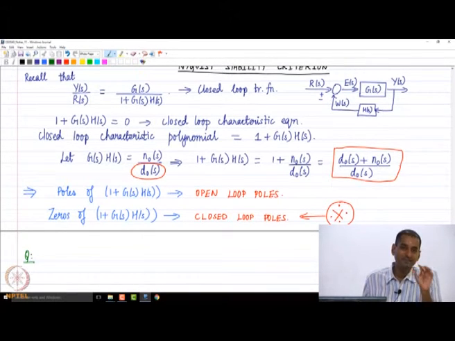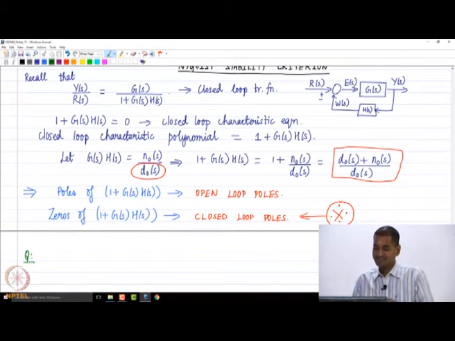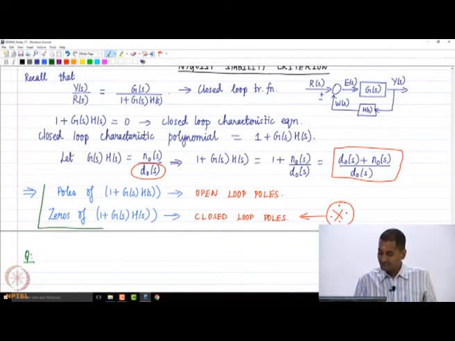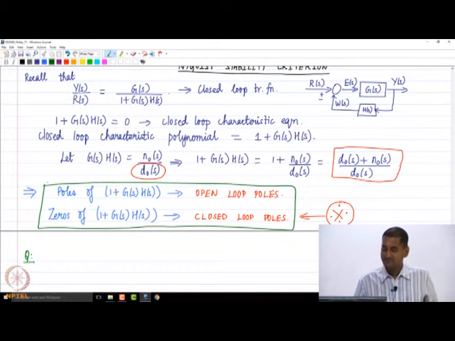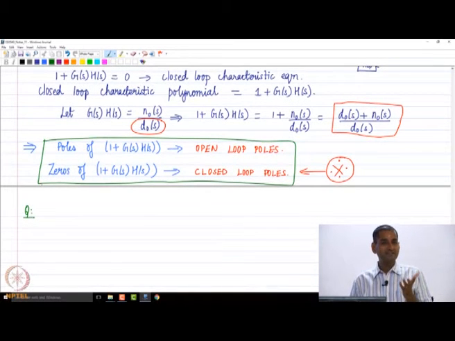From here onwards I will just use this terminology. That is why we came to this.